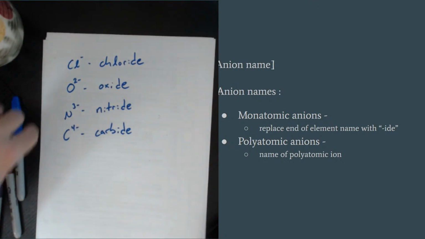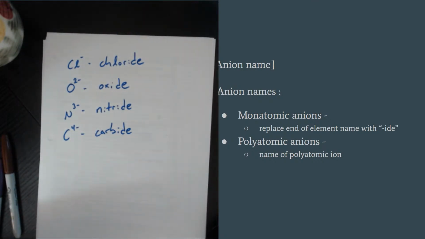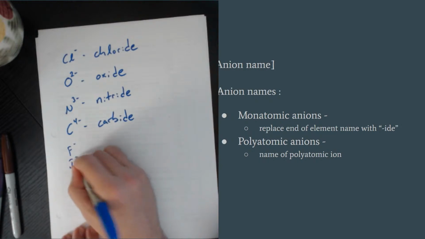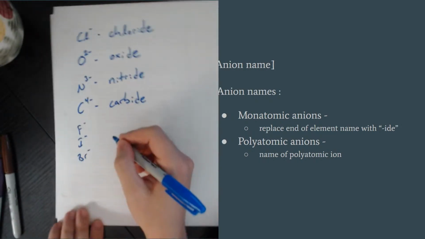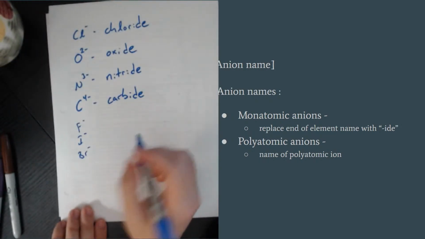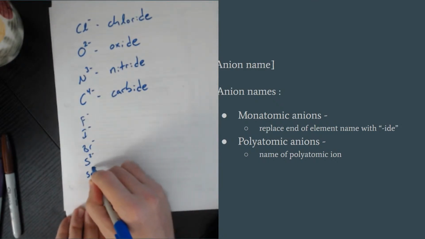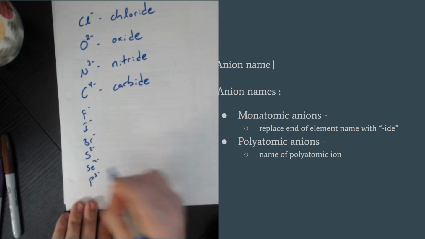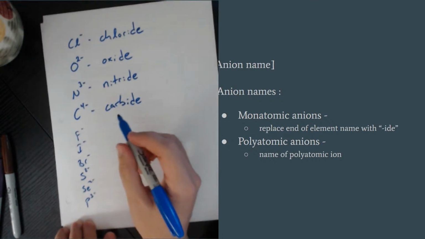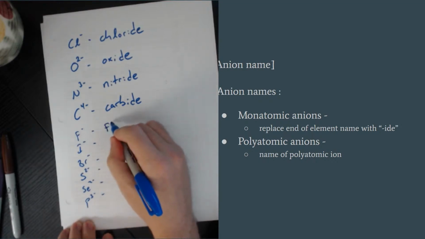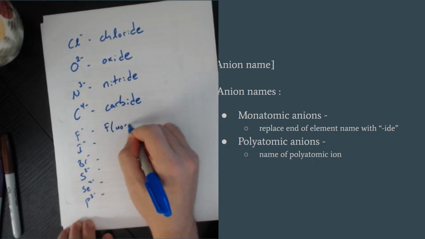In fact, I could probably list all of the nonmetals really straightforwardly and easily. F-, I-, Br-, who am I missing? S2-, Se2-, P3-. I think that might be all of them. So fluorine becomes fluoride.